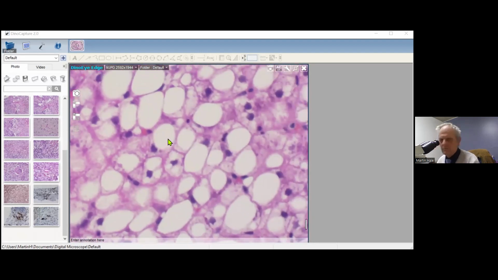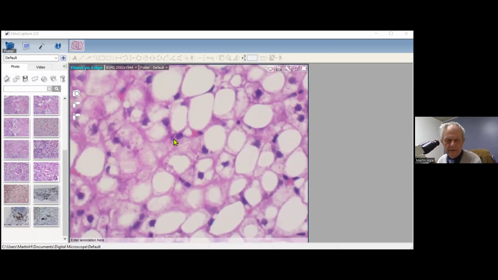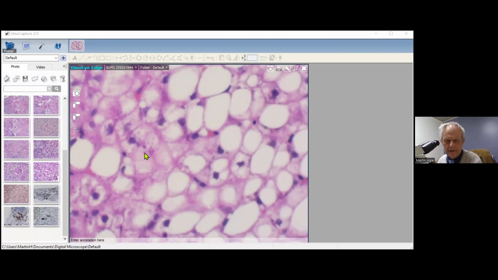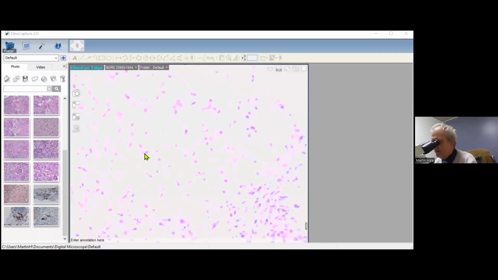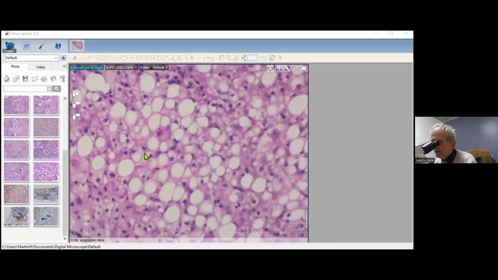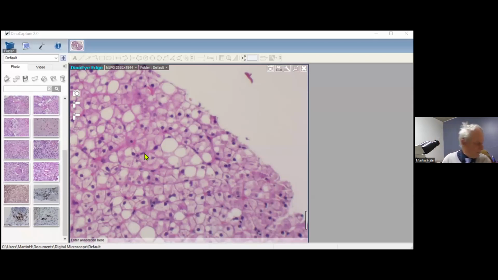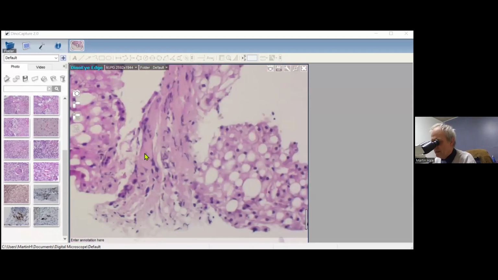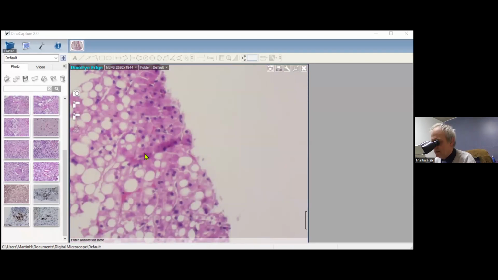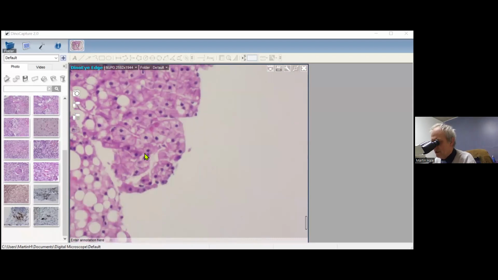I think there's probably more ballooning here. Mallory-Denk bodies, we couldn't see. And lobular neutrophils are present, but you've got to look for them.